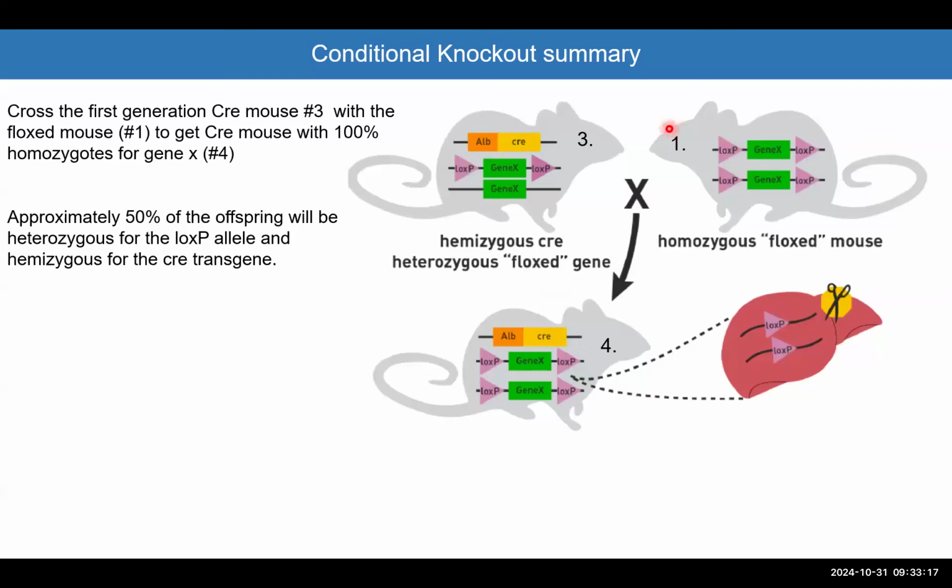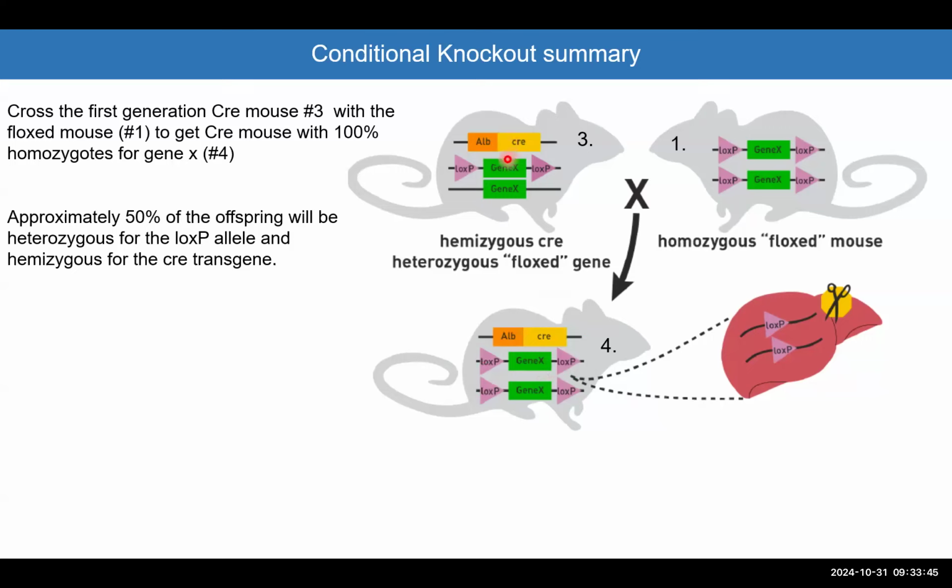I just presented it again here. So this is number 1, which is homozygote for the LoxP sites. And now you will have a 50% chance you get one copy from this and the same copy from this mouse. And therefore you have a double homozygote flanked gene X.